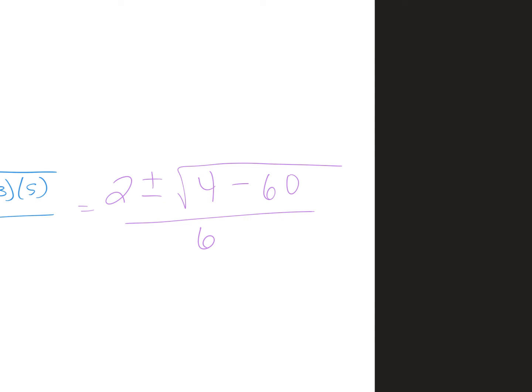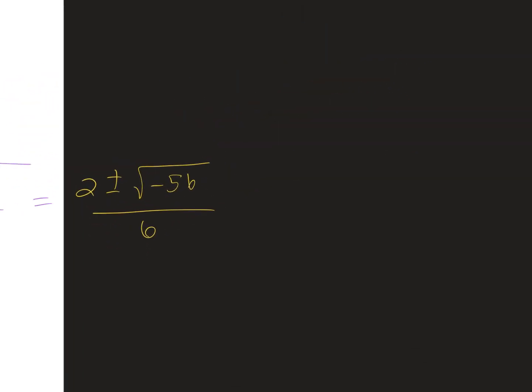Keep simplifying. Some of you like to go left to right. Some of you like to go up and down. Doesn't matter to me. I have 2 plus or minus the square root of what is 4 minus 60? -56. As soon as I see that negative, I think, uh-oh, I should have an i in my answer. So I'm going to keep on simplifying.